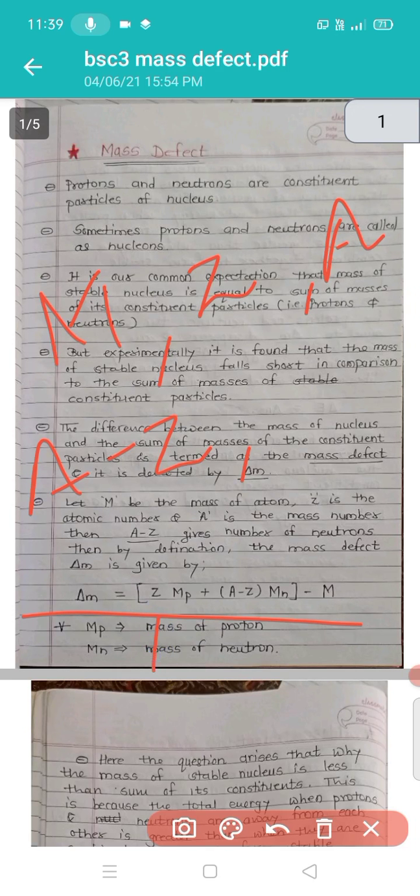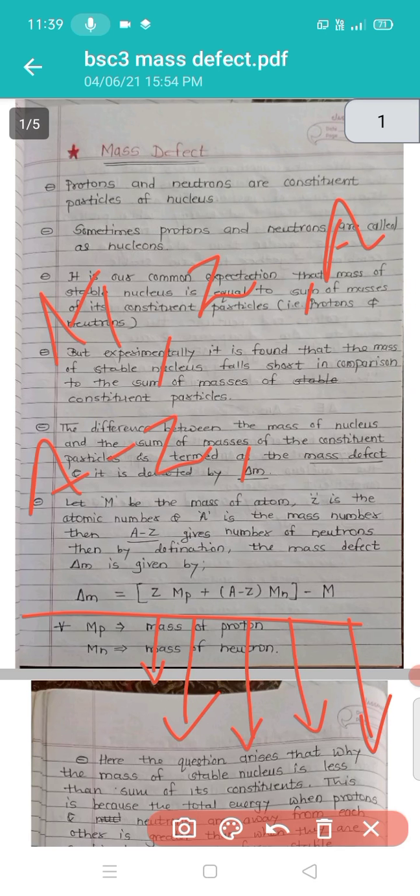Here Z is the atomic number, that is the number of protons, Mp is the mass of the proton, A minus Z is the number of neutrons, Mn represents the mass of the neutron, and capital M is the total mass of the atom.